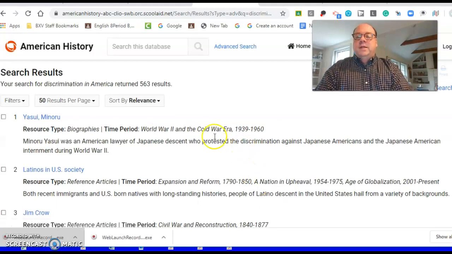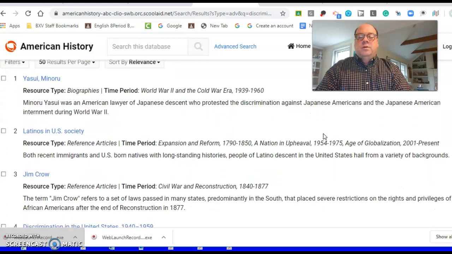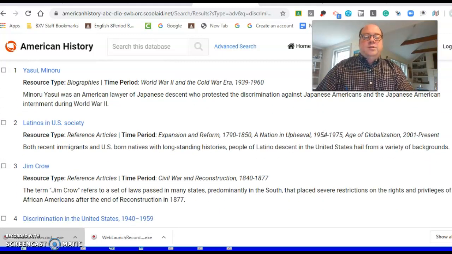Okay, it's going to come up with a whole bunch of things that give you different time periods. If you look through here, it mentions the World War II time period. It then goes into articles that talk about a nation in upheaval, during globalization and the time of the exploration and people moving in. It talks about how U.S.-born natives were impacted.